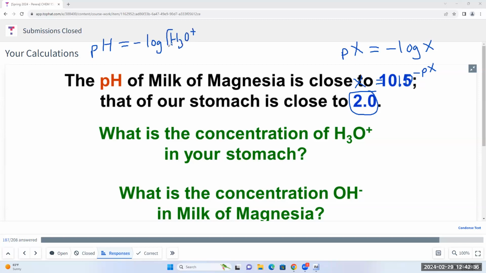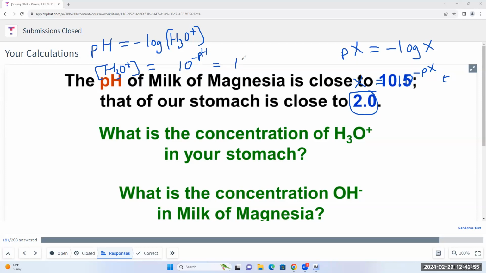So if you're asked to find H3O plus concentration, it should be 10 to the power of negative pH. That's it. You're done.